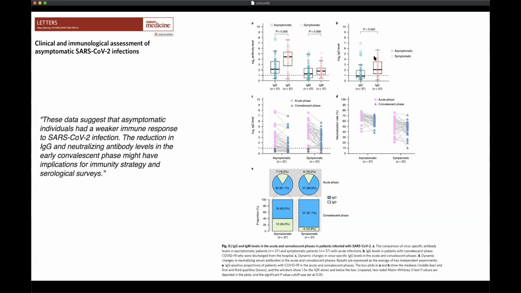And these are just more detailed ways to look at what happens here. So you have more, this is total antibody in asymptomatic and symptomatic, and you can see that there's a significant p-value now between them. Right, so there's more antibody in symptomatic patients, and there's more immunoglobulin in symptomatic patients.